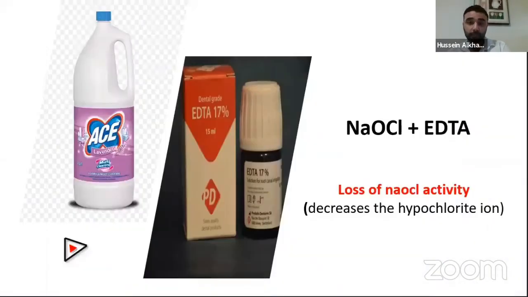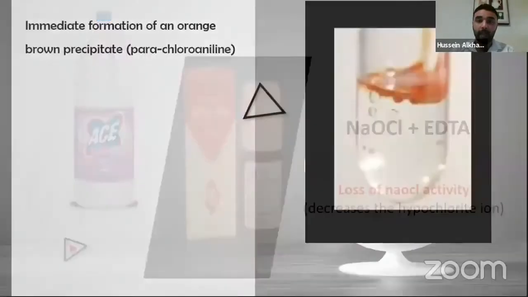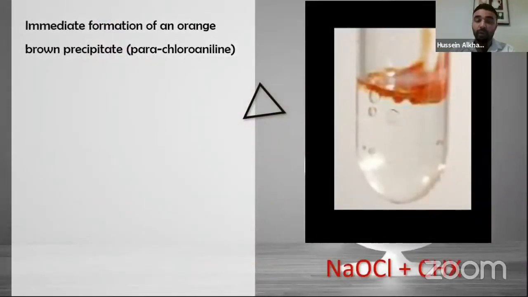For instance, when sodium hypochlorite interacts with EDTA, this will cause the loss of sodium hypochlorite activity, as EDTA decreases the hypochlorite ions available to interact. Another very important interaction happens between sodium hypochlorite and chlorhexidine.